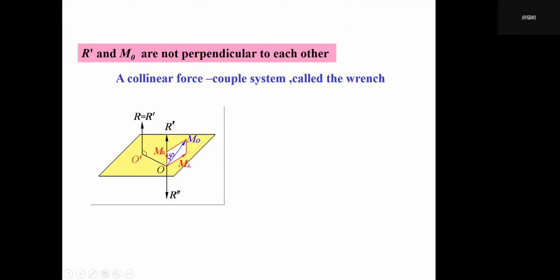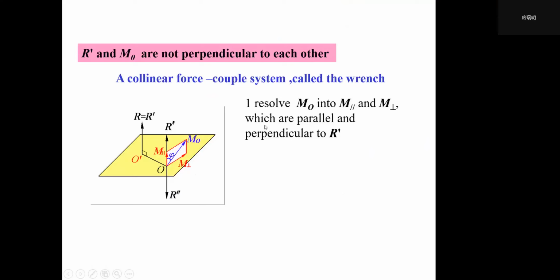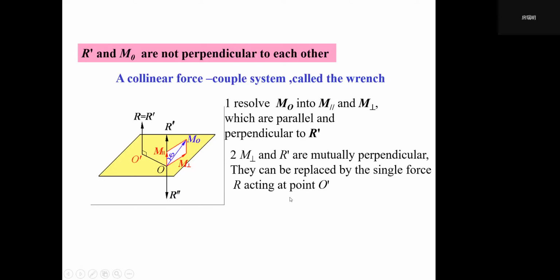That means the two cases we just finished discussing, right? M parallel is parallel to R prime, and M perpendicular and R prime are mutually perpendicular.